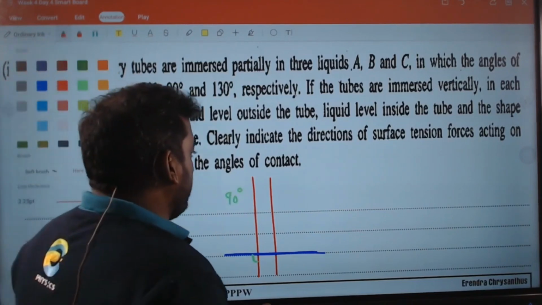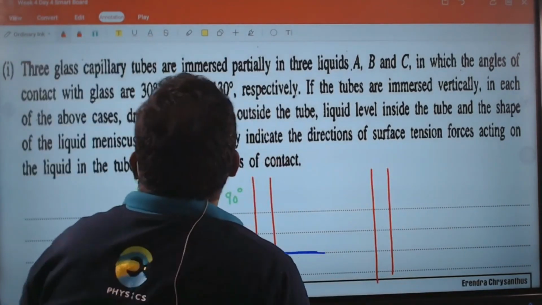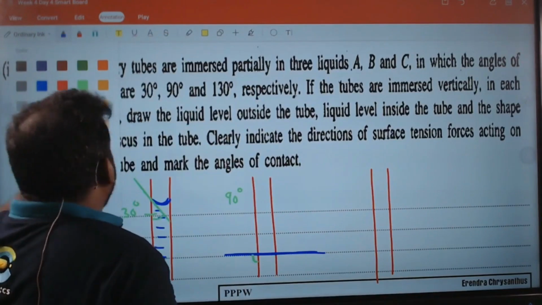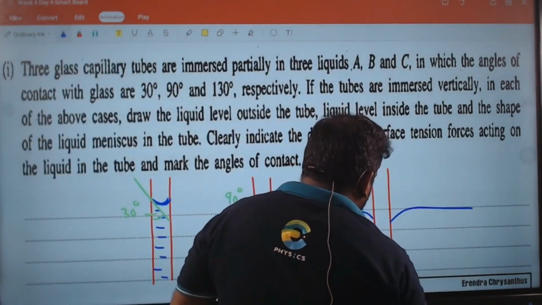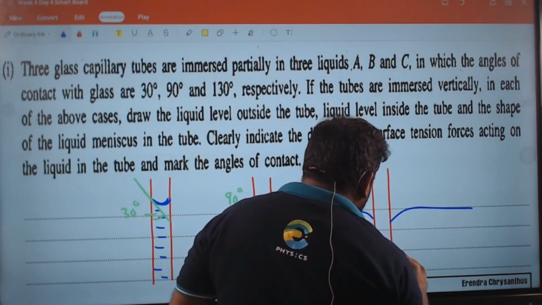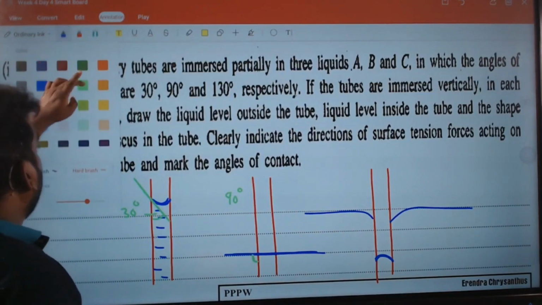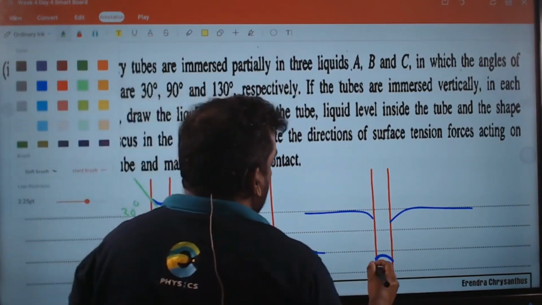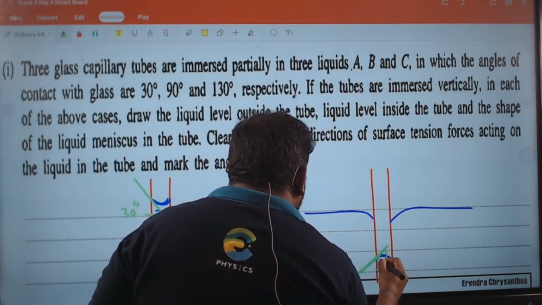Next one, the angle of contact 130. 130 means like this. Here, the angle of contact is 130.